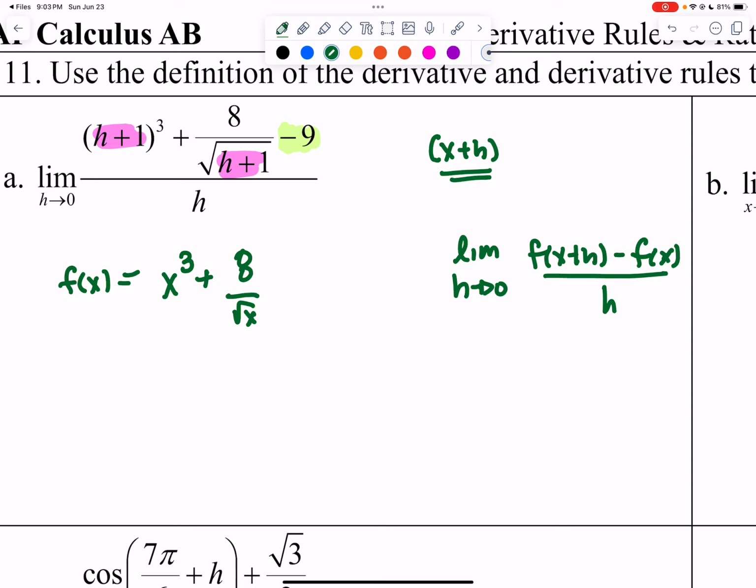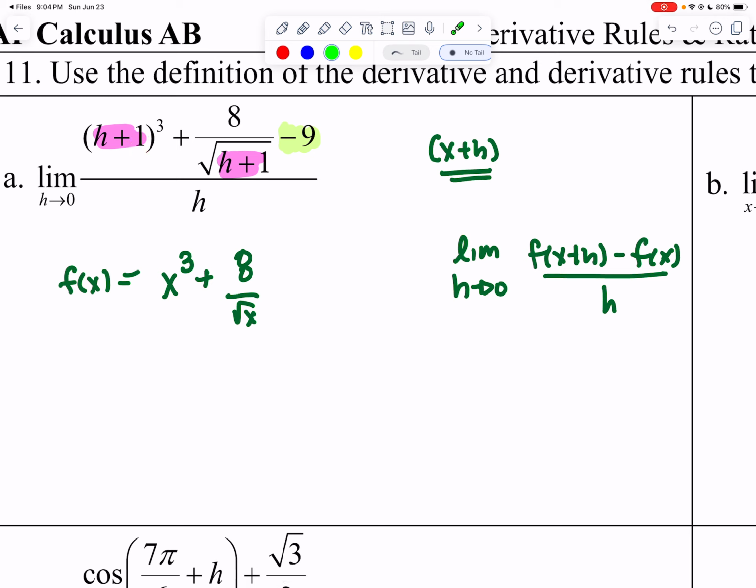This is saying, looking at this right here, since I have h plus 1, this one here represents the value that I'm going to be finding in terms of my derivative. So this is saying I need to find the derivative at x is equal to 1.